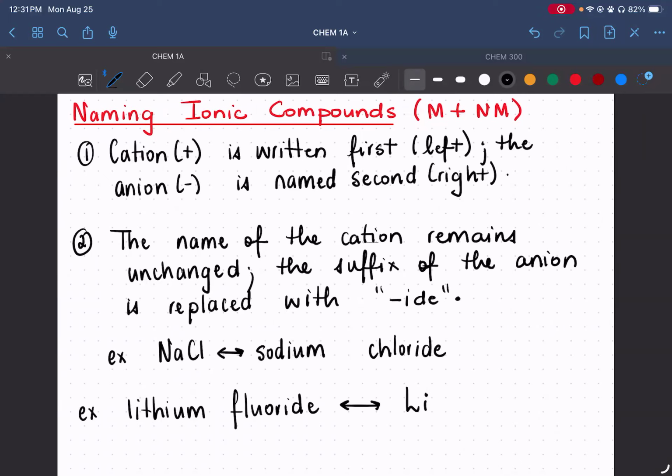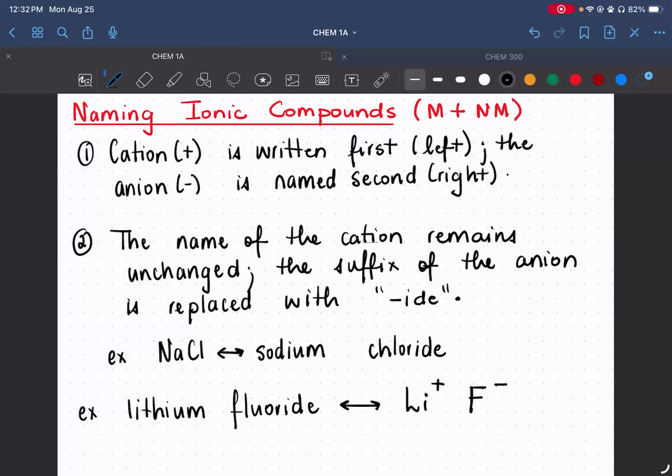Looking at the periodic table, lithium is in group 1. That's how we know that its charge is going to be +1. Next up, we have fluoride. All right, how do we know that fluoride is the anion? Well, number 1, it's written second on the right. And number 2, its suffix has been replaced with "ide." Fluorine will be negative, and we know that it is in group 17, so it will be -1.